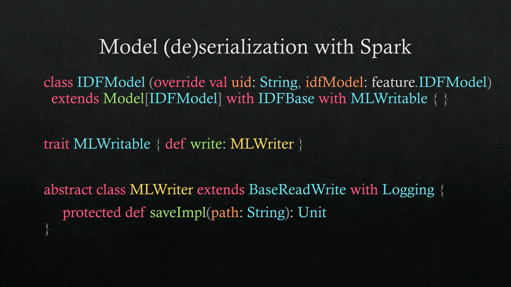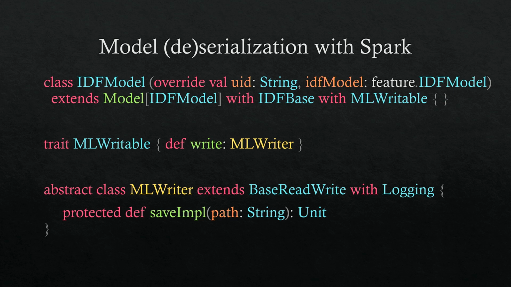So Spark defines this interface. I took one of the examples, IDF model, that you have to extend the MLWritable trait, in which you have to produce an MLWriter in your write method. MLWriter has a save implementation and doesn't have many limitations. It just provides you with a path, and then you have to figure out what to do with it.